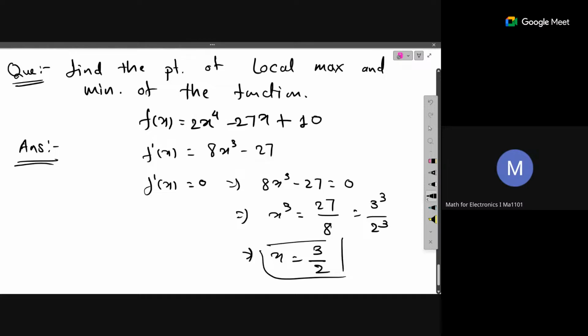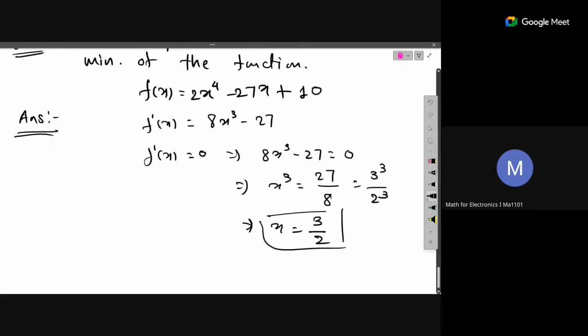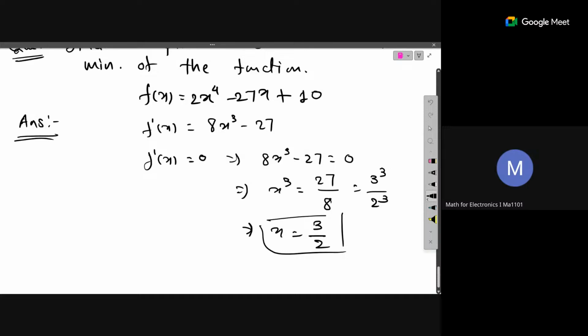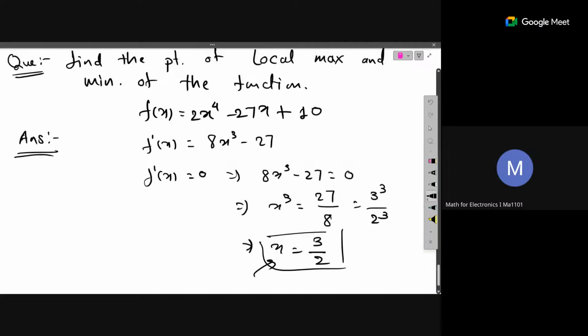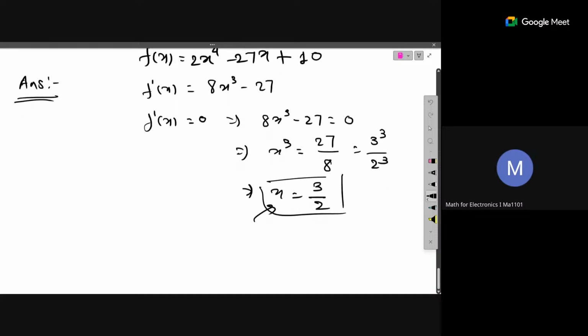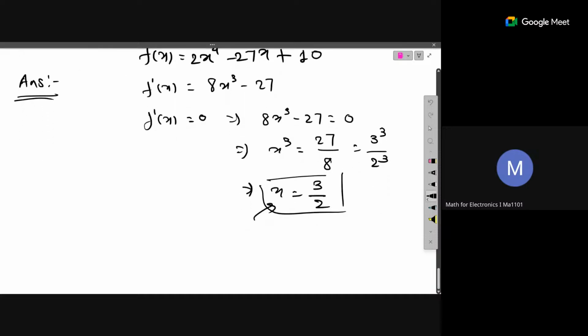If you picture it, this is like a parabola kind of thing. So this will be a point of local minimum, although we cannot conclude just by seeing these quantities. But here at x equals 3 by 2, we can get either local maxima or minima.